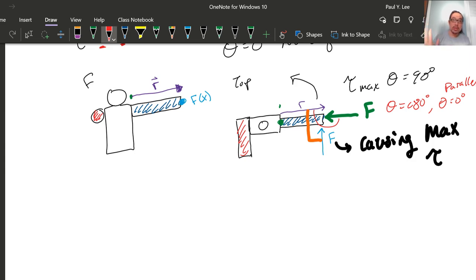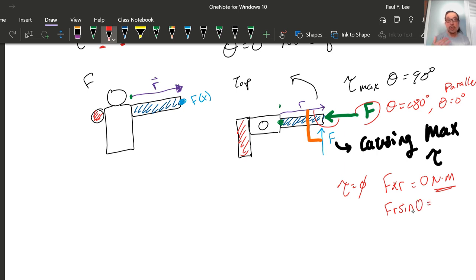So if someone just pushes into your arm like this, your arm's not going to rotate. So for this force, your torque is equal to 0. And that's because your F cross product R gives you 0. By the way, the units for torque is Newton meters, but to look at the sine nature, sine of 0 gives you 0.